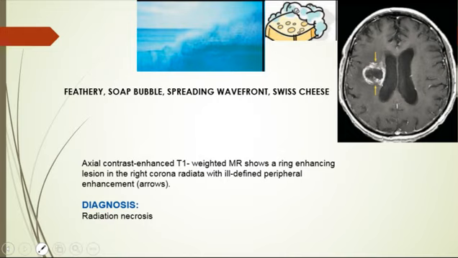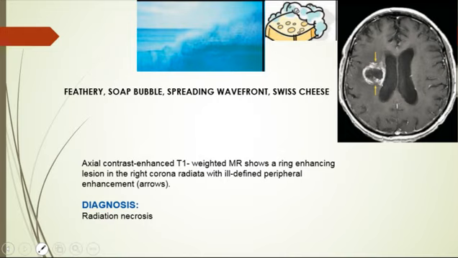Good. What else? MR spectroscopy. What will you see? In recurrence, what will happen? Increased choline to creatinine and choline to NAA ratio in recurrence. While in necrosis, decreased metabolites, lactate peak.